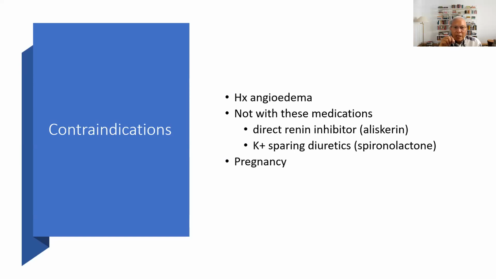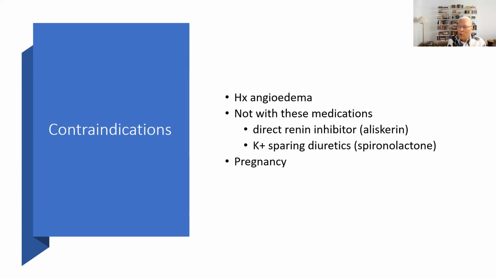These drugs should not be given also to patients already taking another drug that inhibits the renin-angiotensin-aldosterone system. An example of that is a direct renin inhibitor. This is aliskiren, and that's the one that we would not use it with, okay?